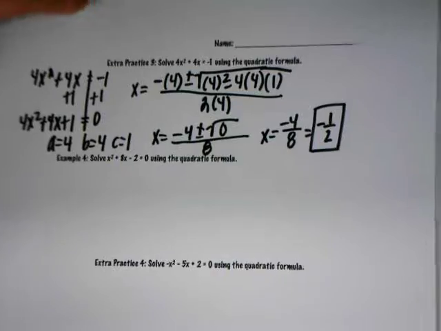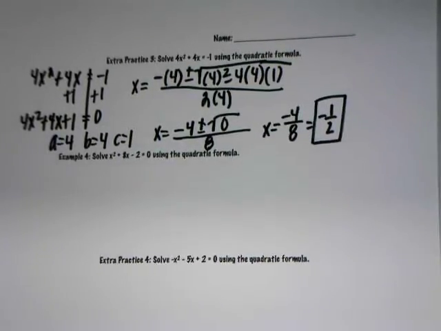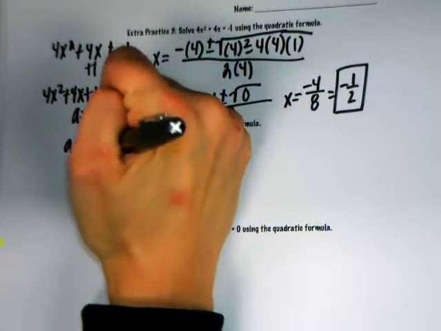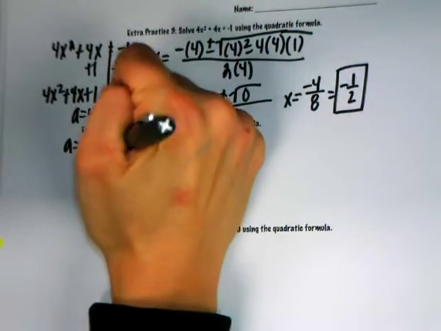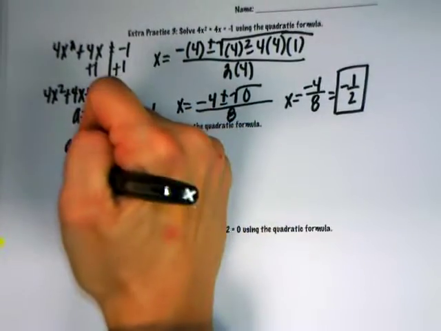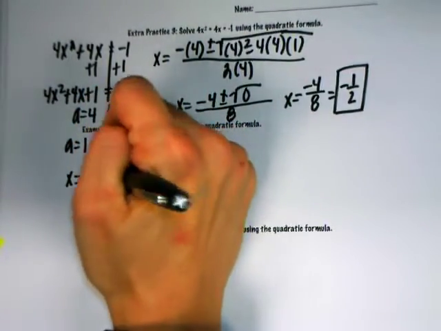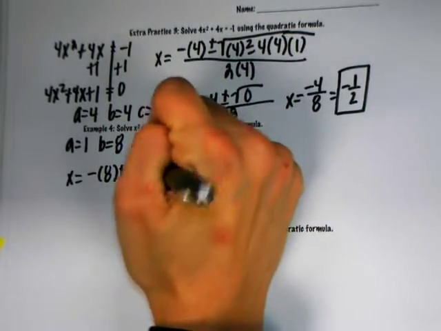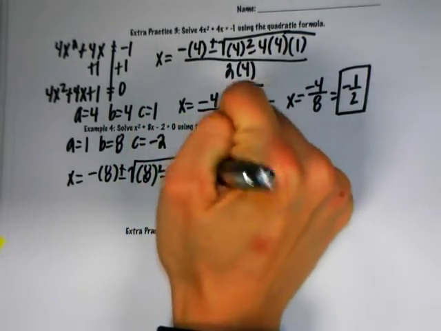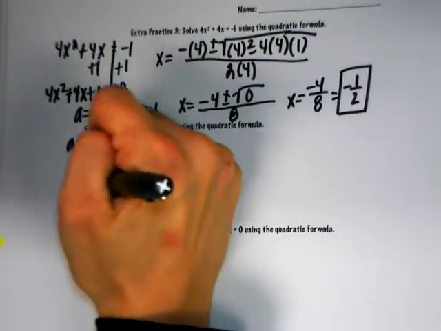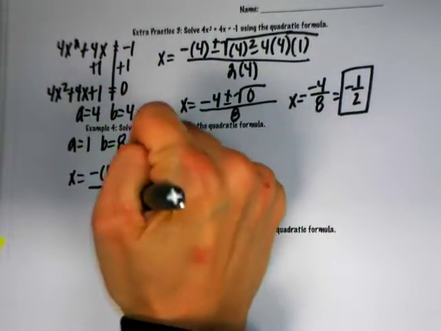All right. Okay, next one already equals 0. So what is A? 1, B, and C. Okay, so you should have x equals negative 8 plus or minus the square root of b squared minus 4ac, all over 2a.